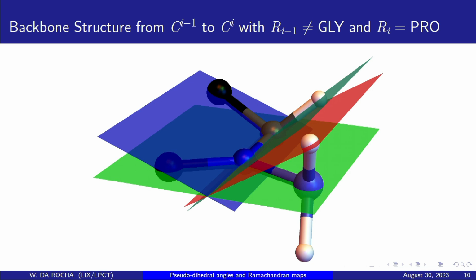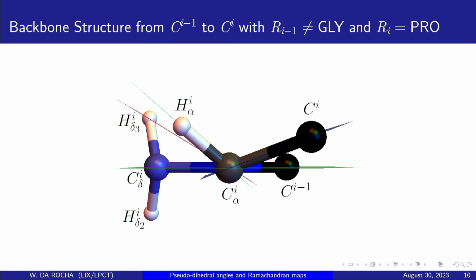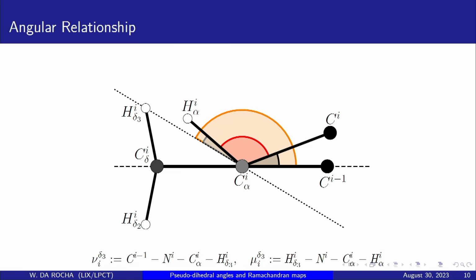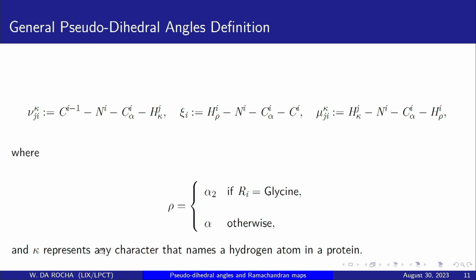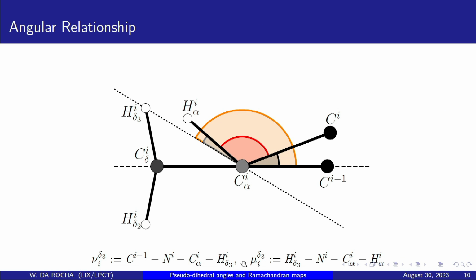Here, again, we are defining planes, we are rotating the structure, and we are getting this planar representation of this structure. Here we should again define the angles nu and mu, but in this case I don't have the Hn atom anymore, but instead I have this H delta 3.